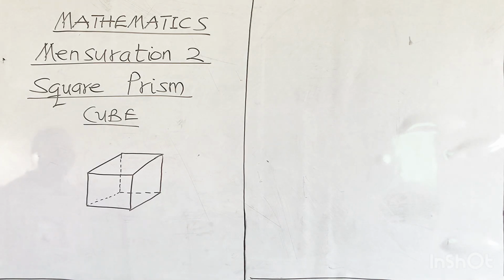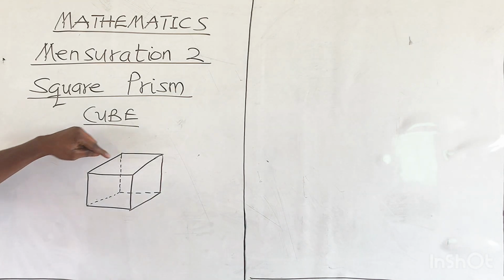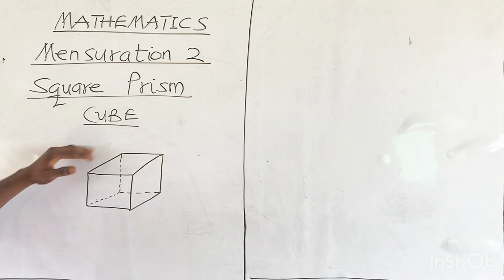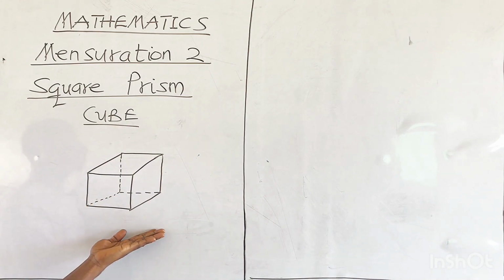So this is a cube or a square prism. So when you check the top, it has a square top and then a square base.